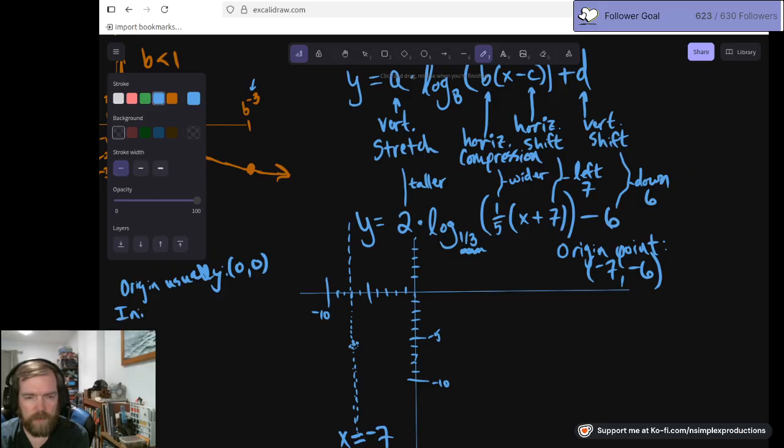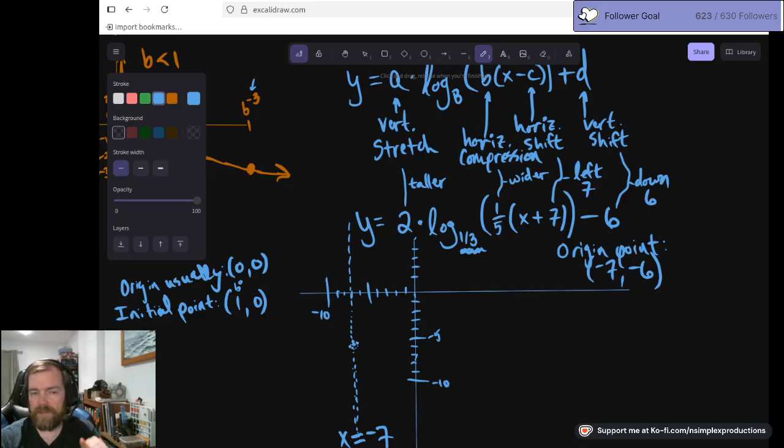The initial point is usually 1, 0, because we like doing this as b to the 0. So b to the 0 is 1, and then the exponent we put on b is 0. So the exponent is the output, the exponential is the input.